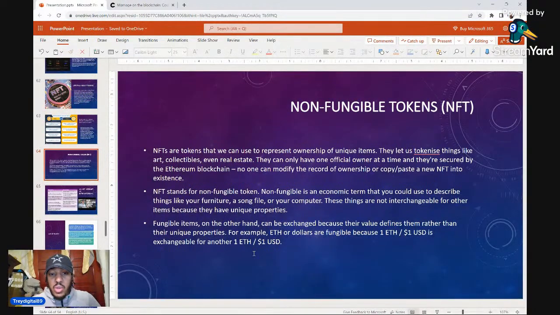Then this explains NFTs, non-fungible tokens. NFTs are tokens that we can use to represent ownership of unique items. They let us tokenize things like art, collectibles, even digital real estate like we were doing in the Sandbox and the Metaverse. They can only have one official owner at a time, and they're secured by the Ethereum blockchain.